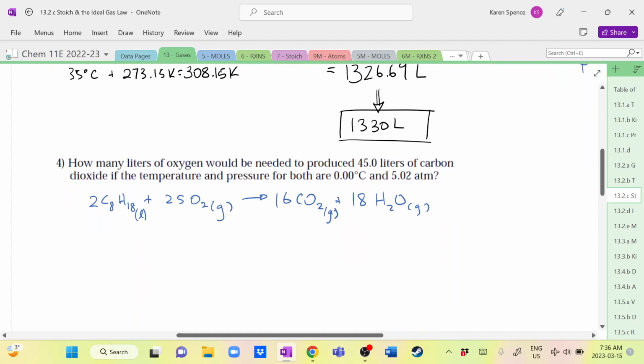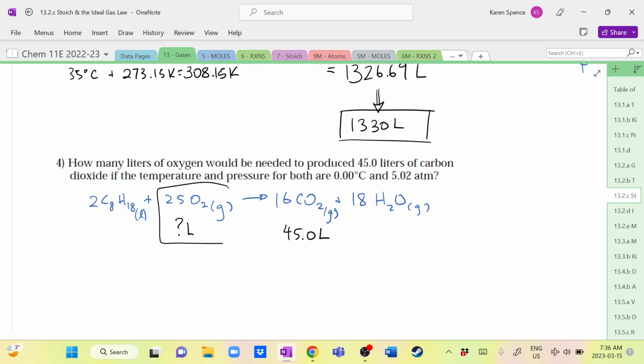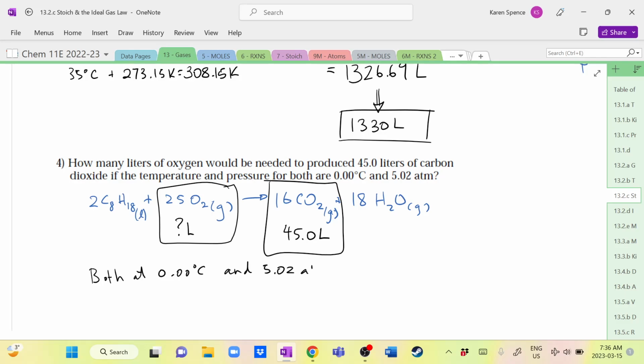The next one, this one is a trick question, because we have 45.0 liters of carbon dioxide, and we want to know how many liters of oxygen. These are both at 0 degrees Celsius and 5.02 atmospheres.